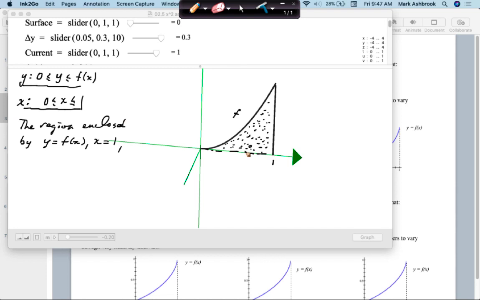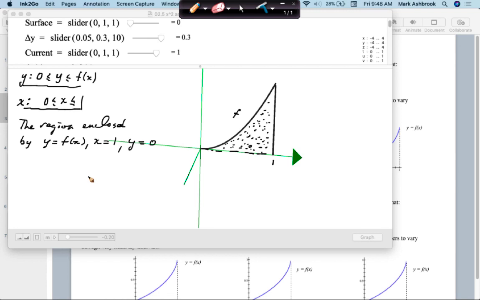How do we say that mathematically? Y equals 0. And then you have to figure out what region they're talking about. So you'd sketch f of x, you'd sketch x equals 1, y equals 0, and then you'd have to figure out what region is enclosed by those. Okay, so that's normally what you'll have to do.